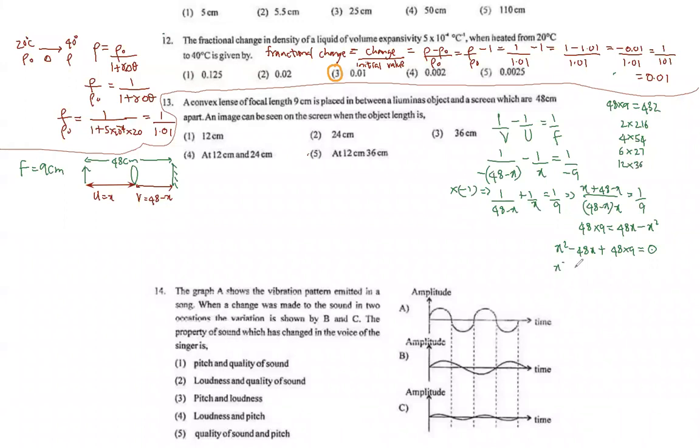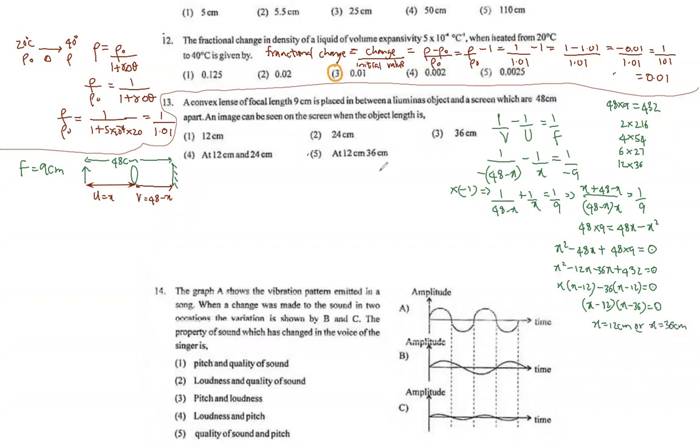So x squared minus 12x minus 36x plus 432 is equal to 0. So x minus 12 and x minus 36 equal to 0. x could be 12 centimeters or x could be 36 centimeters.